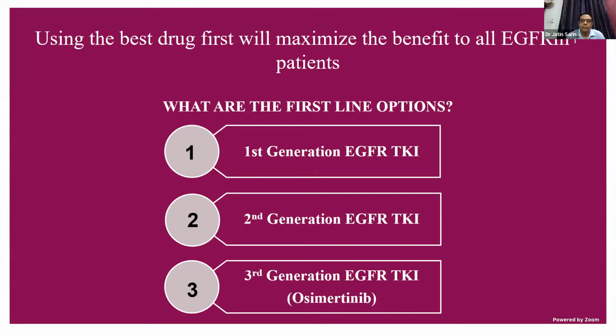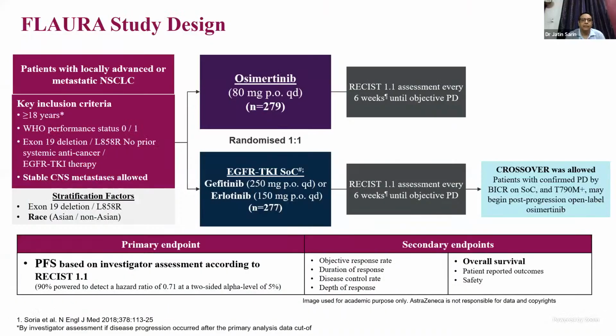So our first line options for EGFR mutated, we all know, are first generation, second generation, and third generation EGFR TKI, and osimertinib is the third generation EGFR TKI. The FLAURA study was elucidated in detail by Dr. Sajjan Raj Purohit, and the primary endpoint was PFS, and the secondary endpoints were ORR and OS.